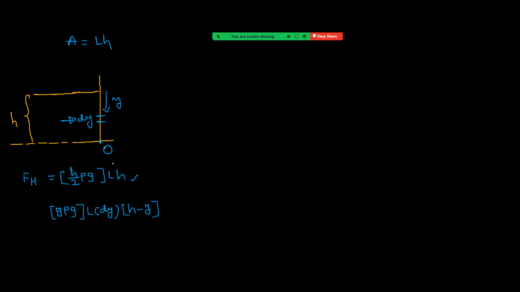This gives a torque about point O because of this force. Like this, we have to take torque due to each force on each rectangle. So now integrate from y equal to 0 up to h. So this gives us the torque about O, and remains just the calculation part.